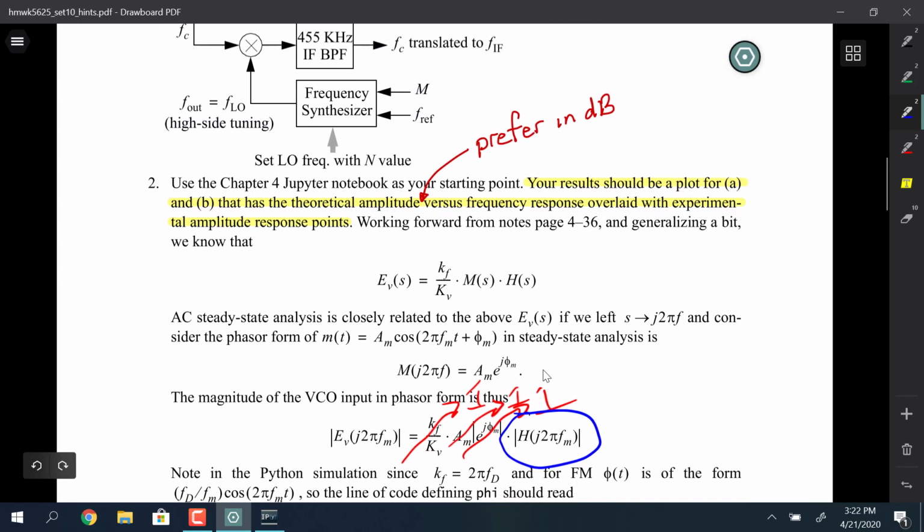And a note that I added in here is that I prefer the amplitude be in dB, and then furthermore, I've decided the frequency axis should be log, log base 10 of f.